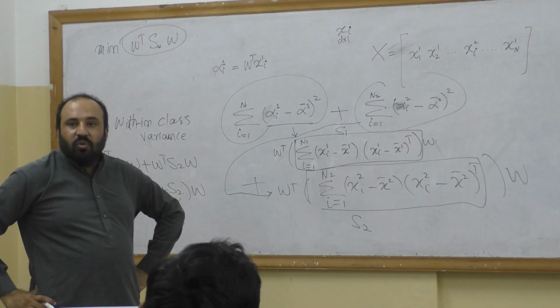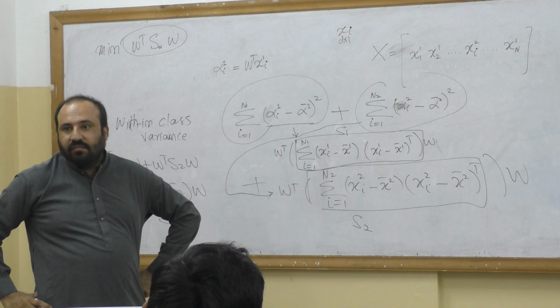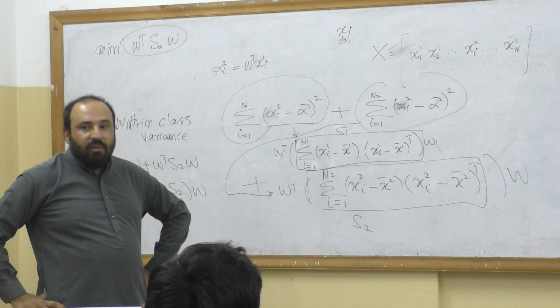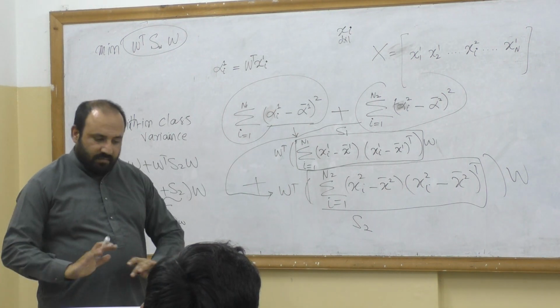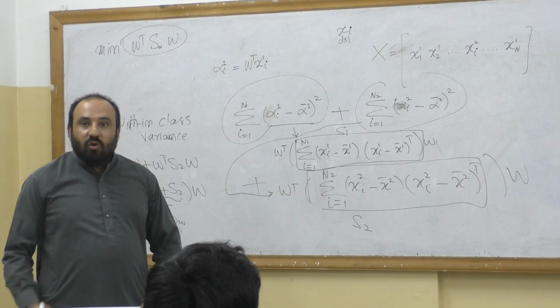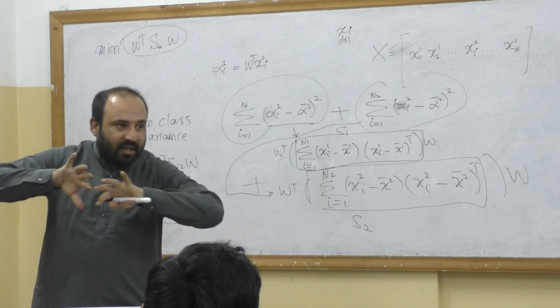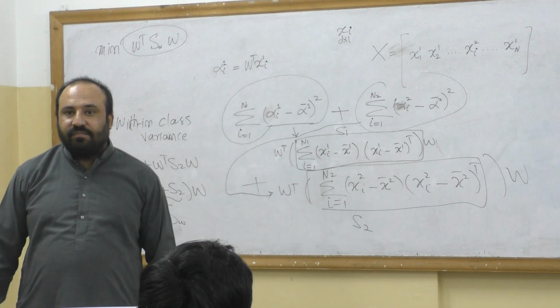This criteria is known as Fisher's criteria. Fisher ने कहा कि वो W जो इस रेशो को मैक्सिमाइज करेगा, this is the W जो क्लासेस को आपस में कॉम्पैक्ट करेगा और बिटवीन क्लास वेरिएंस को बढ़ा देगा.